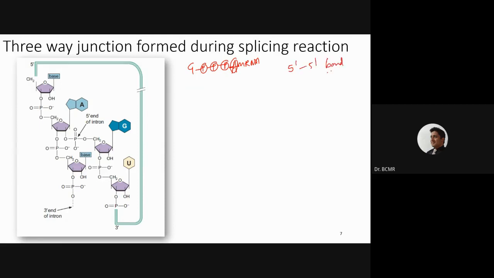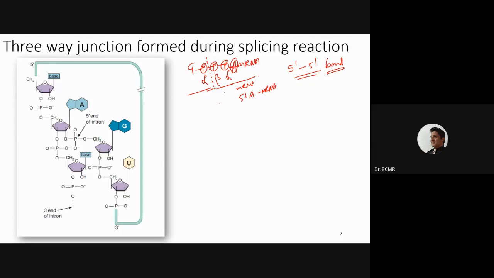This phosphate is alpha, this is beta, and this is again alpha. Until here it belongs to the G, guanine, and the alpha and beta belong to the mRNA. These 2 phosphates, alpha and beta, are on the 5' of the adenine, which is linked to the mRNA.